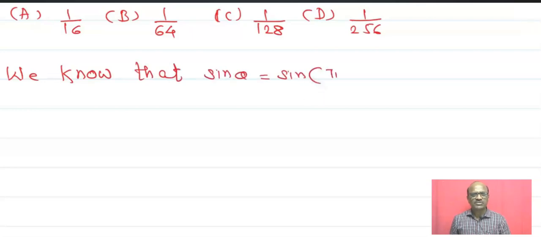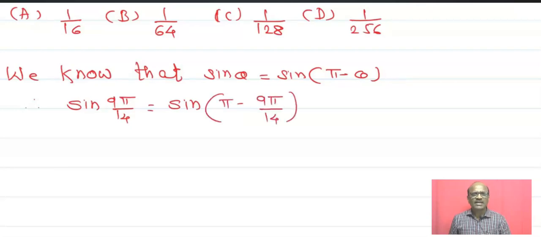Sine theta is equal to sine of pi minus theta. That is, the sine of pi minus theta goes in the second quadrant. In this way, we will establish all the relations. Now what is the value of sine of 9 pi by 14?